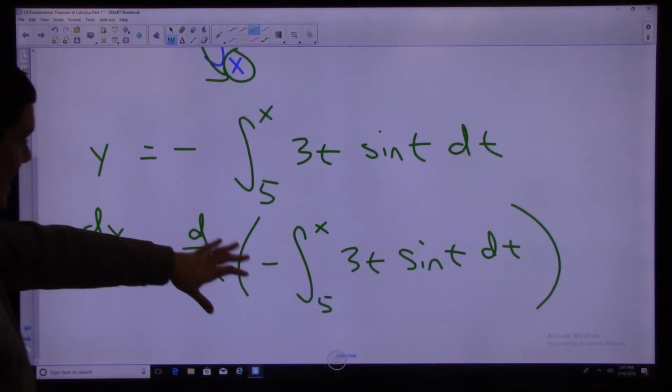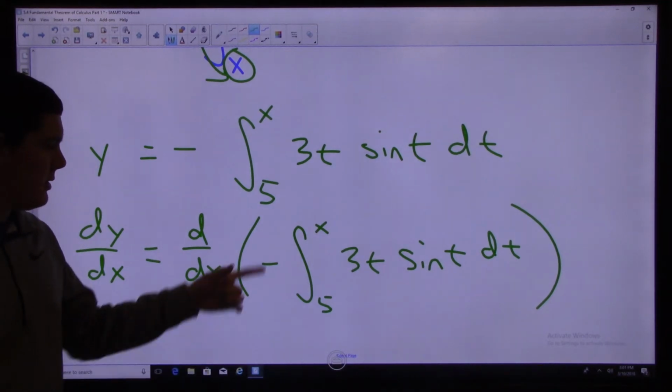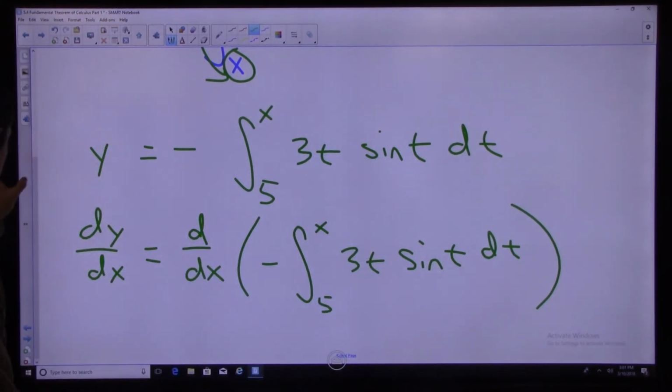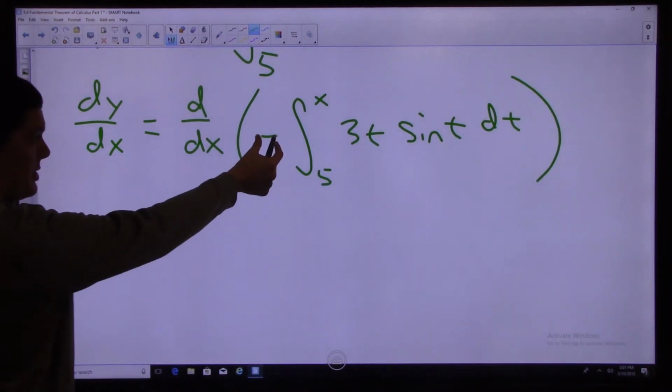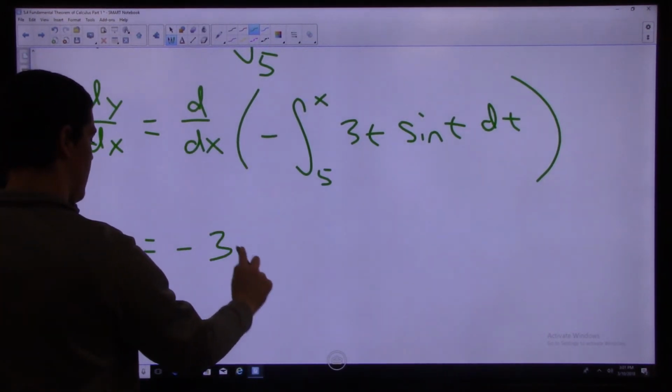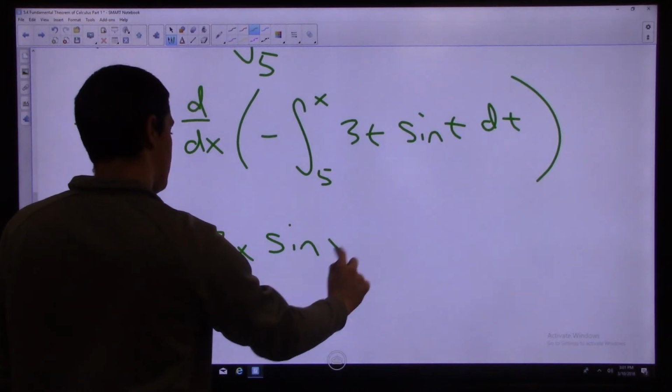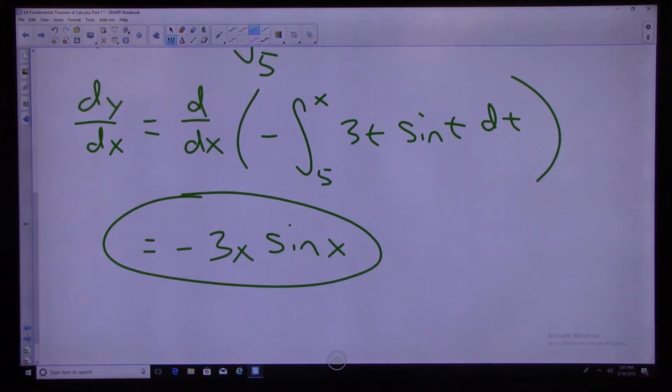Now that we have this exactly the fundamental theorem of calculus, we can just plug an x in for t. The derivative and antiderivative are going to cancel. Now we still have this negative out there, so it's going to be negative 3x sine x. That's the answer. That would be the derivative of this integral. Negative 3x sine x.